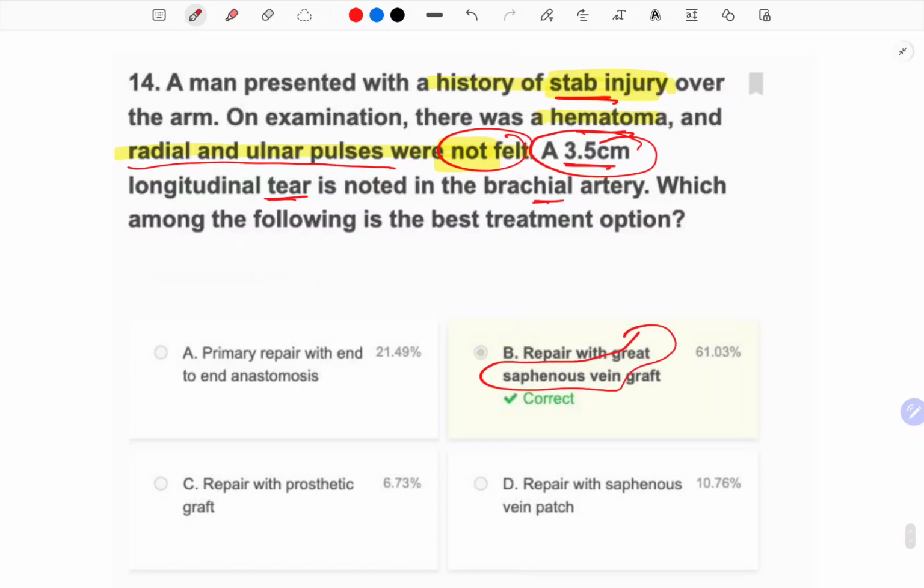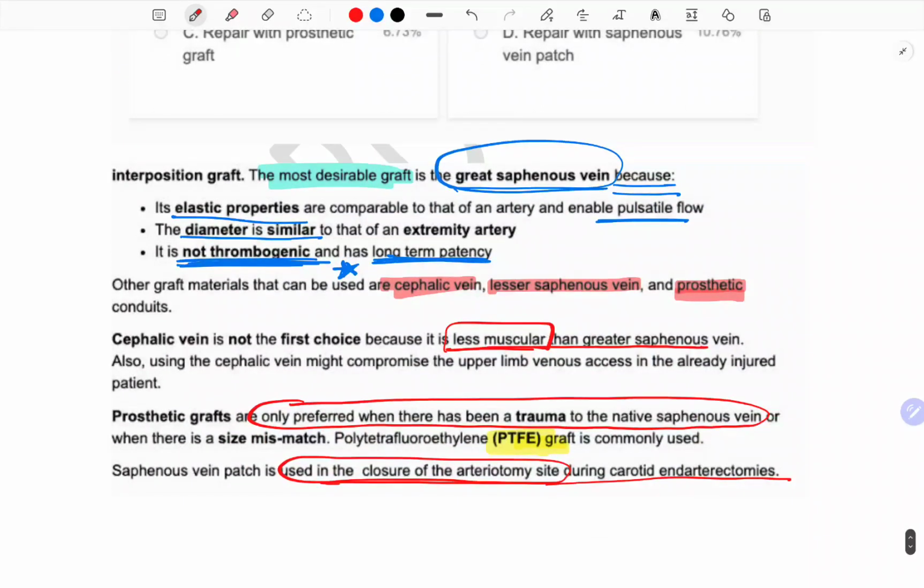Why? I'll tell you. The most desirable is the great saphenous vein because its elastic properties are comparable to those of an artery, and it enables pulsatile flow as well. Its diameter is similar to that of an extremity artery, and it is not thrombogenic and has long-term patency. So these are the three reasons. Other graft materials that can be used are the cephalic vein, short saphenous vein, and prosthetic.